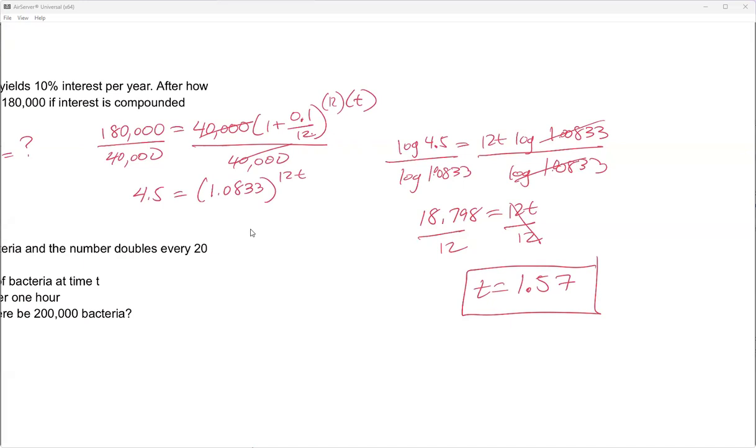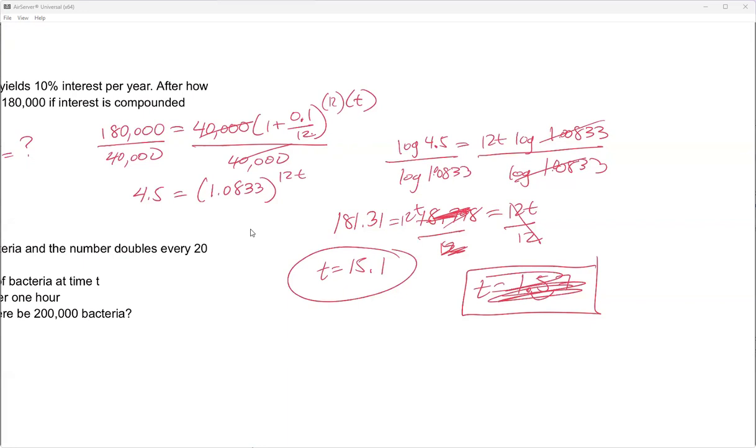So that is 181. Let me do that again. So that will be 181.31, right? Is equal to 12t. And divide that by 12. So thank you. It's more like 15 years.